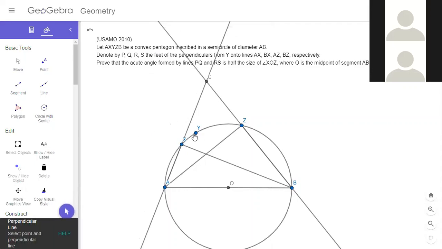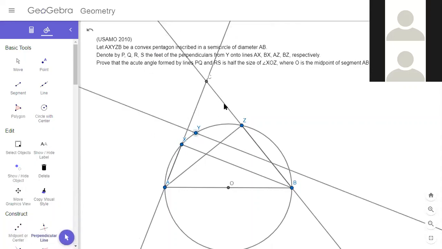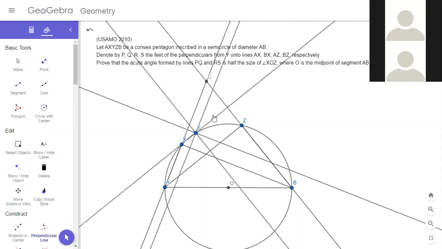So AX and BX and AZ and BZ. So we have a bunch of perpendiculars. AX, BX.